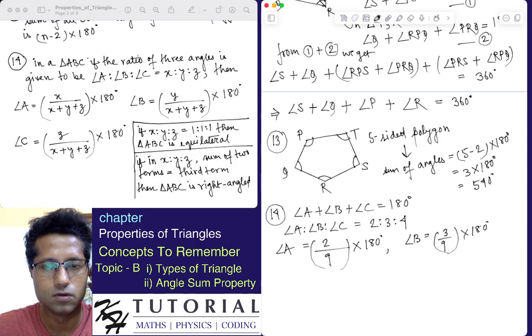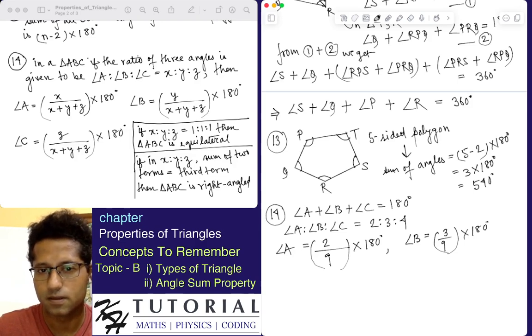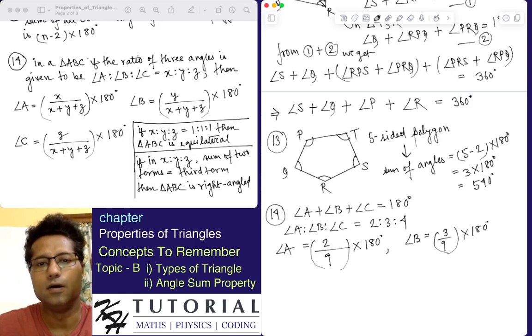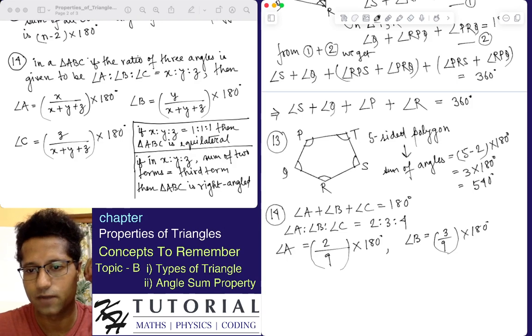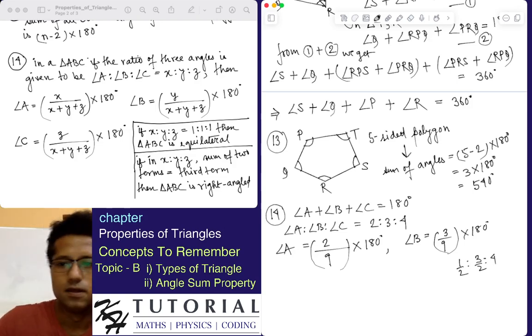Now, one thing to note is that whatever this ratio x:y:z is, you should simplify it to the simplest form. This x, y, z could also be fractions, like a half, 3 by 2, 4, whatever.